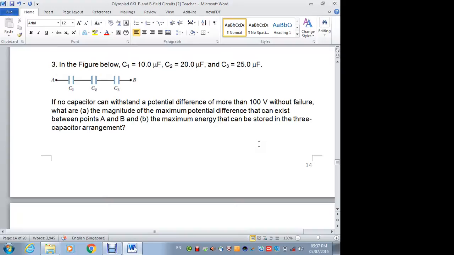So the PD of V1 plus V2 plus V3, we don't know it, right? So we are supposed to find the magnitude of the maximum potential difference that can exist between A and B. But we must add these 3 together, so that none of them in here can exceed 100. Okay, let's look at the solution.